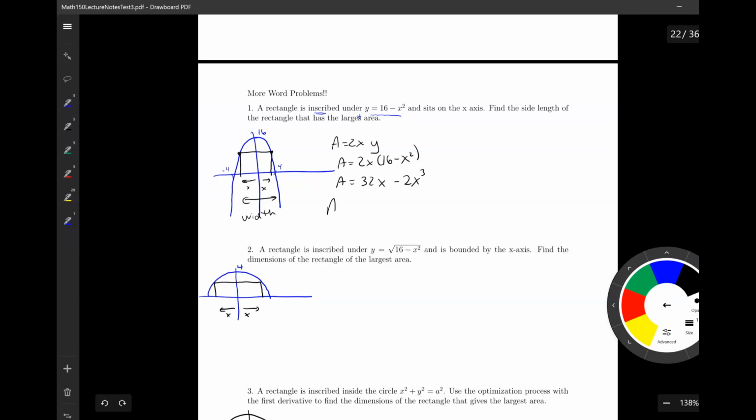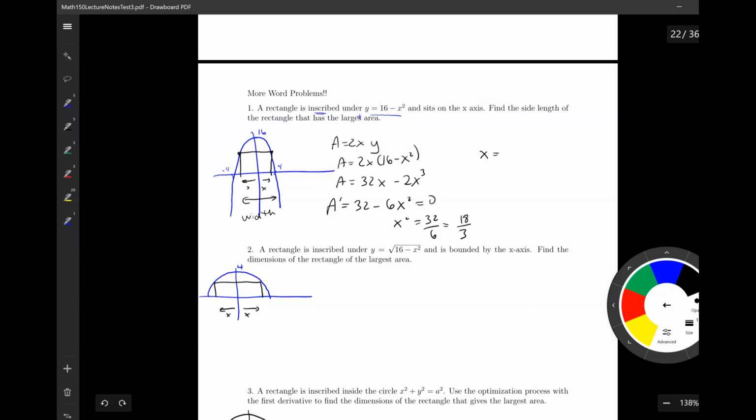And then I'm going to be taking the derivative and setting it equal to 0 because that's how I find the maximum. Setting it equal to 0, so I get x squared is equal to 32 divided by 6. So 2 is in common. So that gives me 18 thirds.